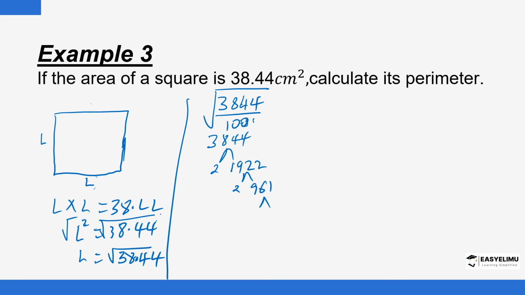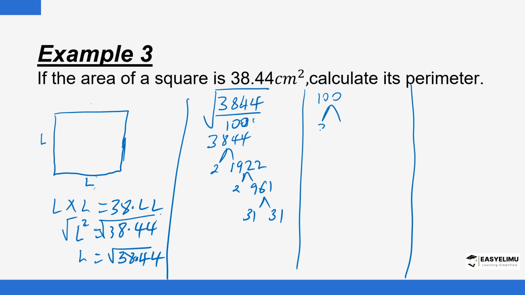So 961 is divisible by 31. So 31 times 31 will be, so we have 31 going into 961, 31 times, so 31 by 31. So that is that. And then you move to 100 again.